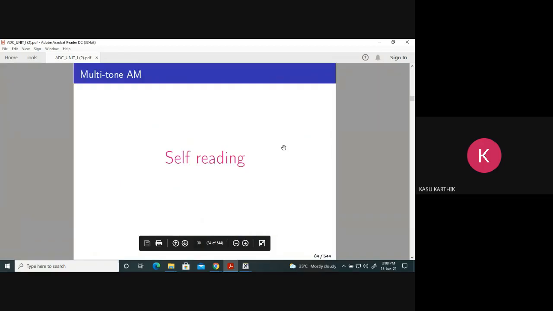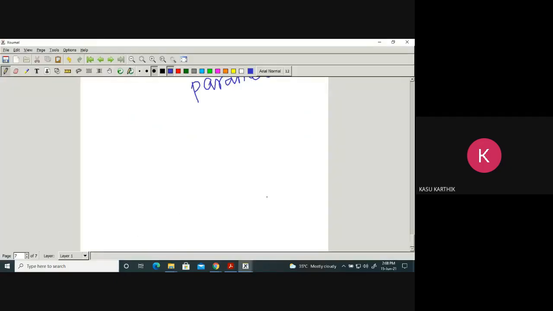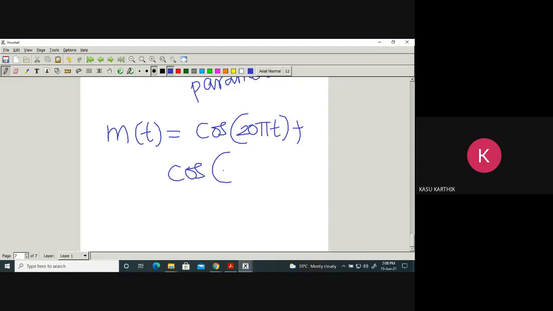Now, this is about single tone AM. So we have multi-tone AM. Multi-tone AM is self-reading. You read yourself; I'll give you a simple example. Multi-tone means more than one frequency. Suppose I write cos 20 pi t plus cos 30 pi t.